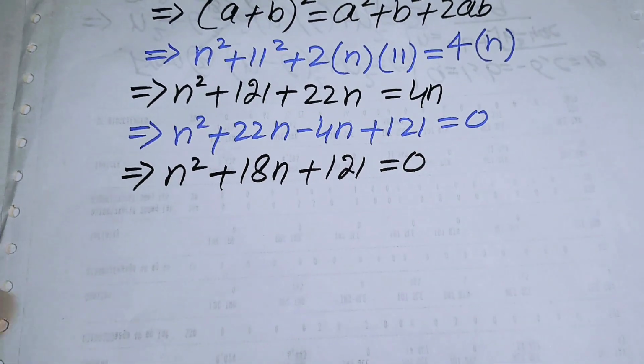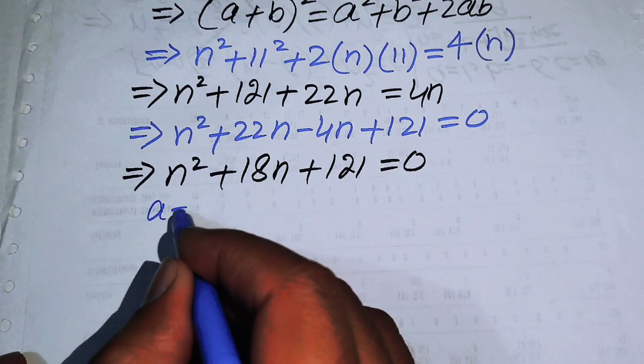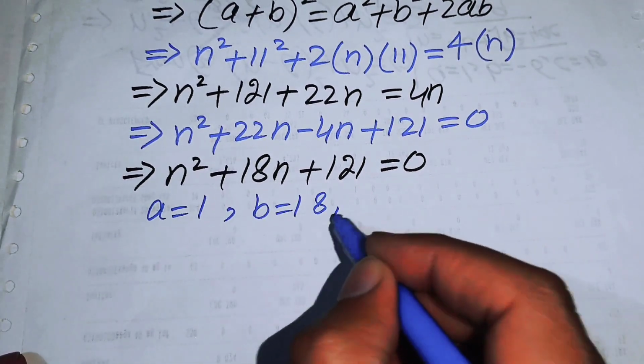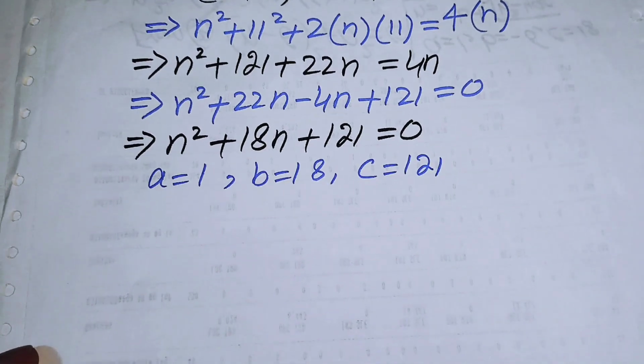Now this equation becomes a quadratic form, so we use the nice quadratic formula. First we write the coefficients of these terms, and we have a equals 1, b equals 18, and c equals 121.